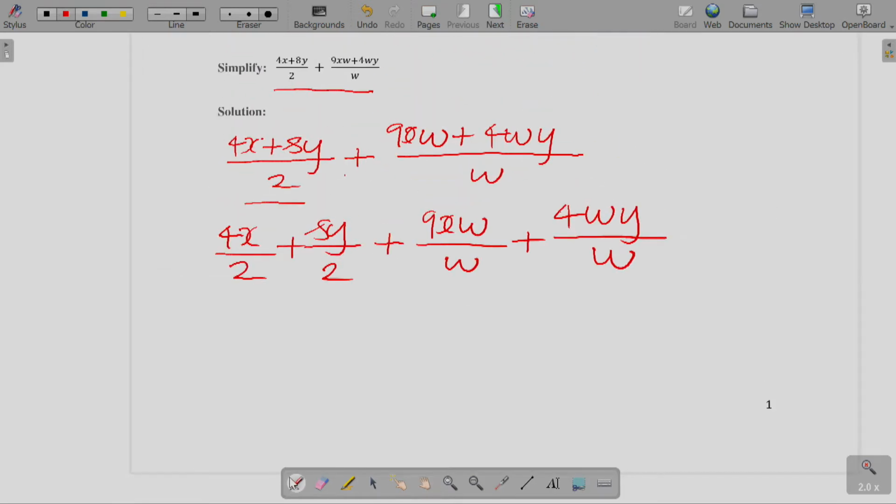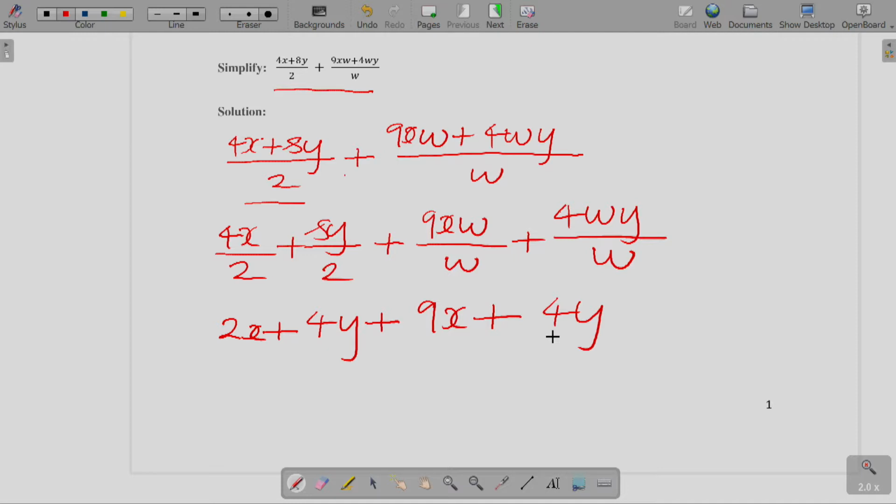If you divide 4x by 2, we'll get 2x, plus if you divide 8y by 2, we'll get 4y. Also, if you divide 9xw by w, we'll get 9x, plus 4wy by w, we'll get 4y.